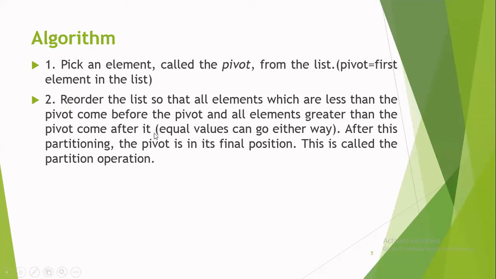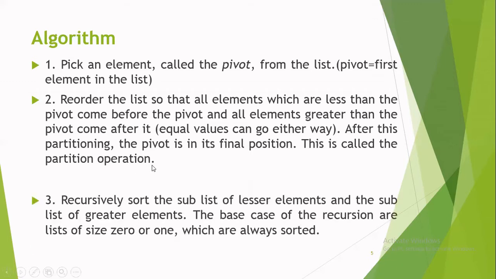If there is any element equal to the pivot value, then you can move that element either to the left or to the right of the pivot. After this, you partition the list into two halves, and the pivot will be in its final position. This is called the partition operation.